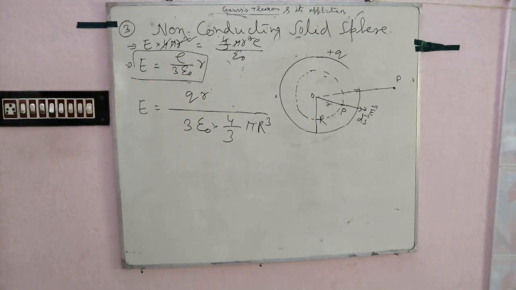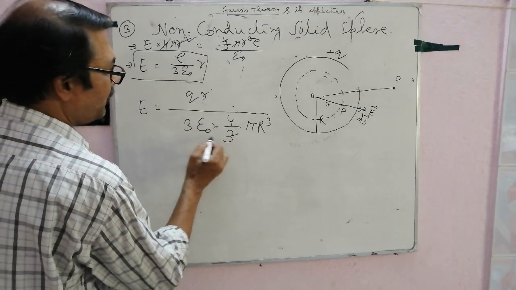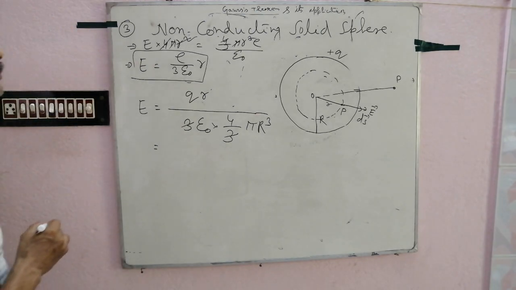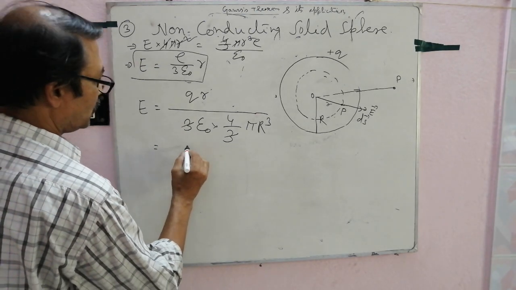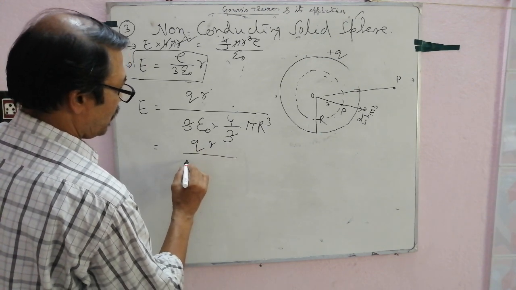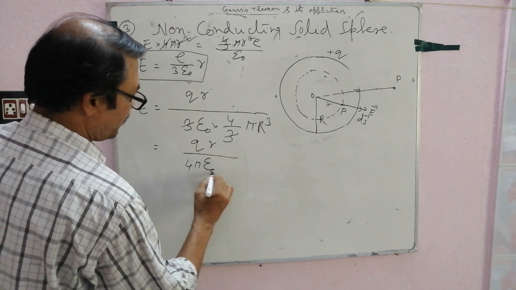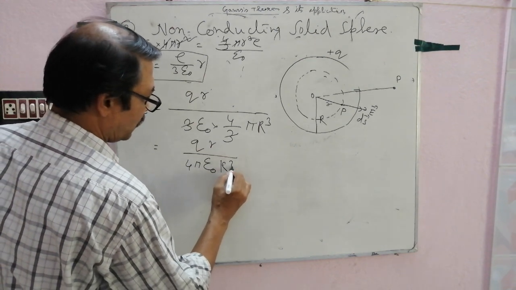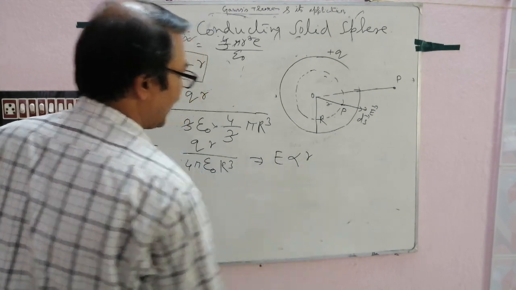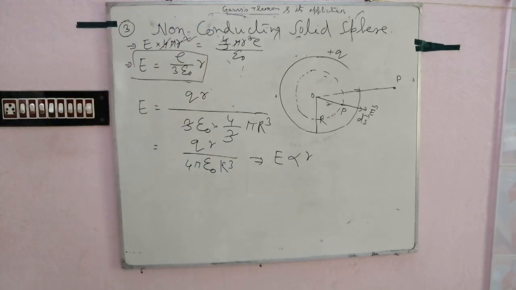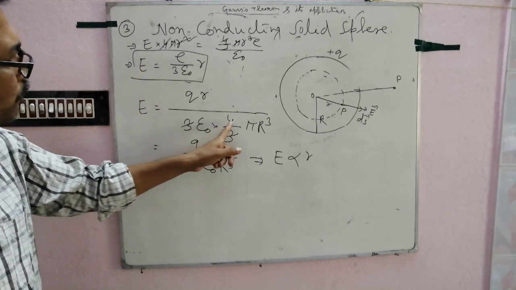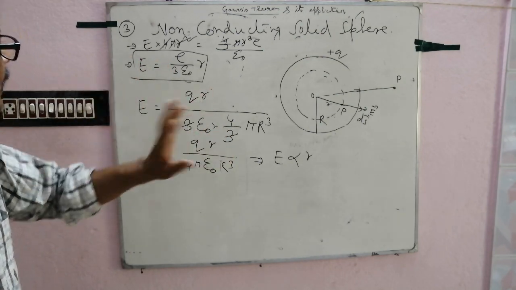Putting the value of rho, the final result will be q r by 4 pi epsilon naught r cube. And in both cases, E is proportional to r. These are the two expressions. Here we put the value of rho; rho means q by 4/3 pi r cube.